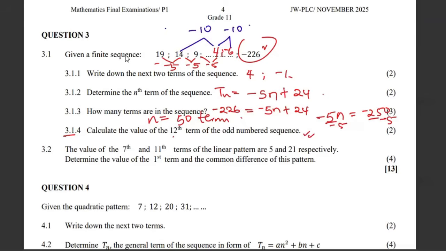Now, there's one way of doing it. If you're talking of the 12th term of the odd numbered sequence, not the 12th term of the pattern itself, I'm going to look at it in two ways.